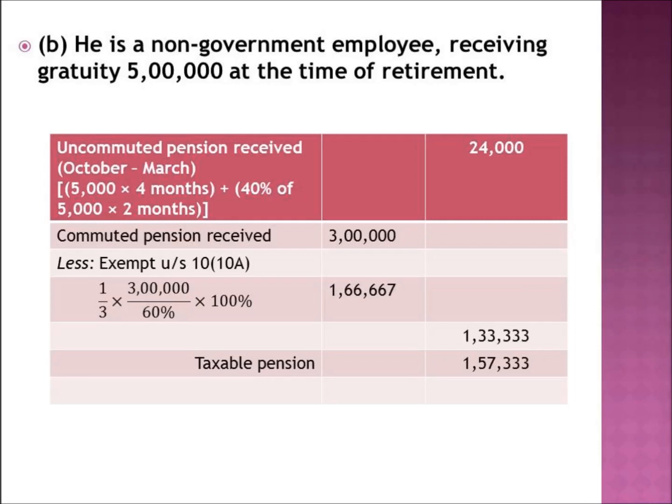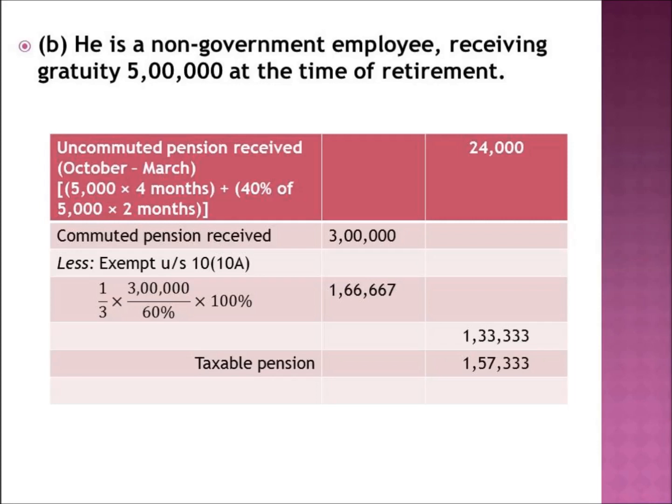Here I have commuted only 60% of my pension and received rupees 3 lakh in exchange for that. So it means that rupees 3 lakh is equivalent to 60% of the total commuted pension.